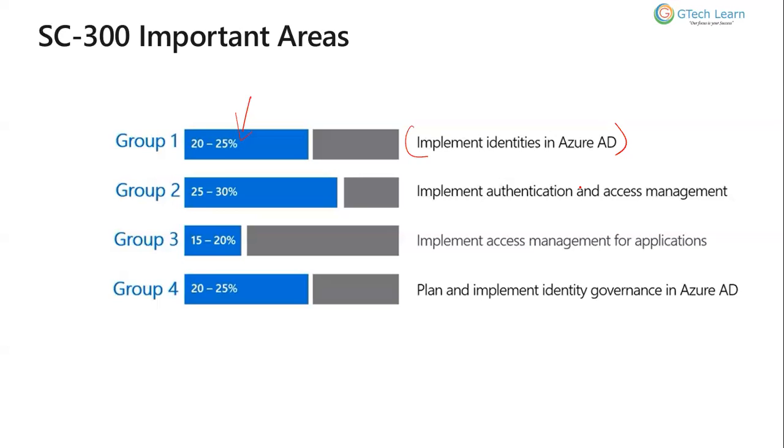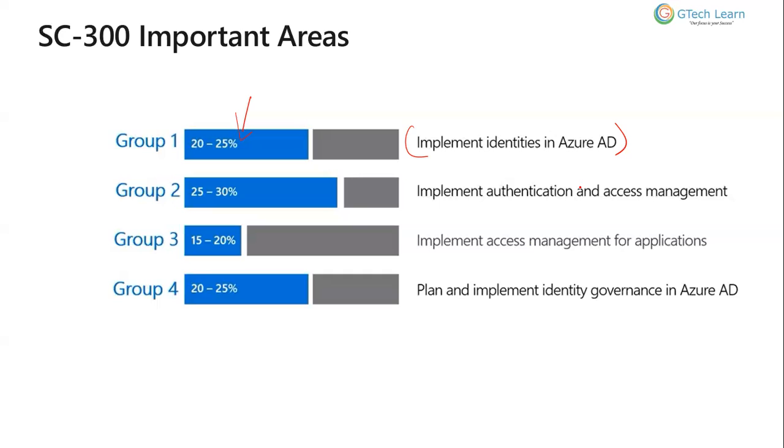Then we have group 2 available where we have 25 to 30% of question weightage in the examination. And from that specific group, we are discussing implementing authentication and access management. So once we have managed or implemented the identities in Azure Active Directory, then security becomes an integral part of that.